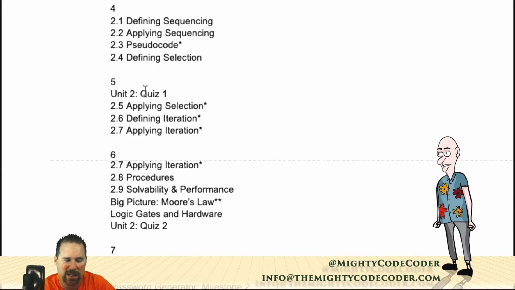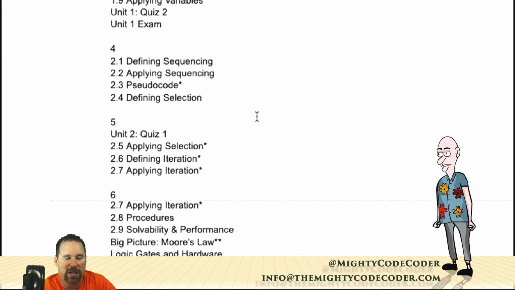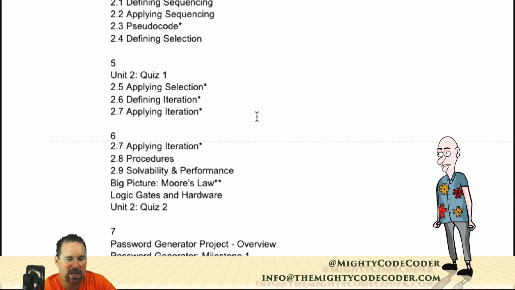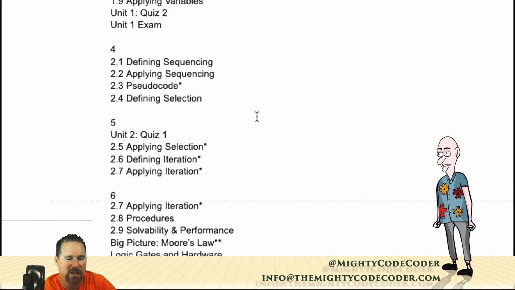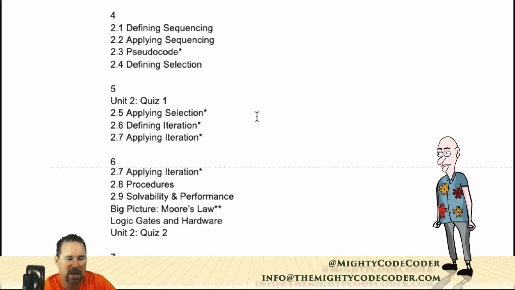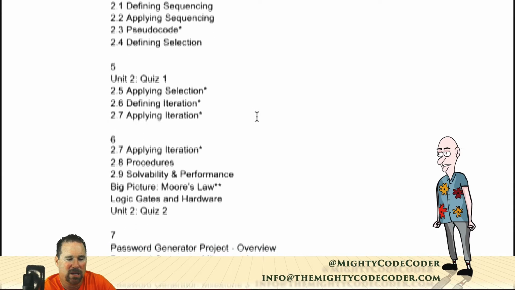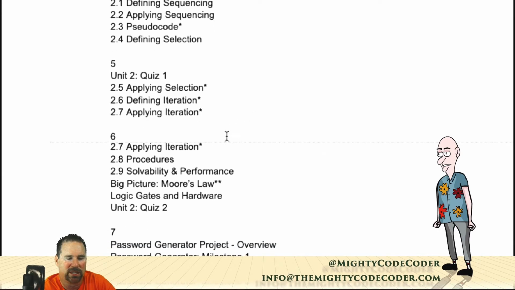I think that's why they did it there. No, actually you got more down here. But anyway, week 5 has 2.5 applying selection, 2.6, and 2.7. So that's what you guys will be working on this week. Or are we in 2.6 with you guys?